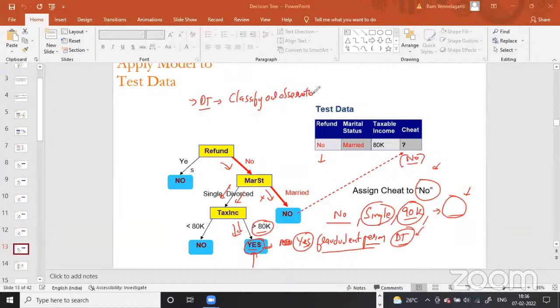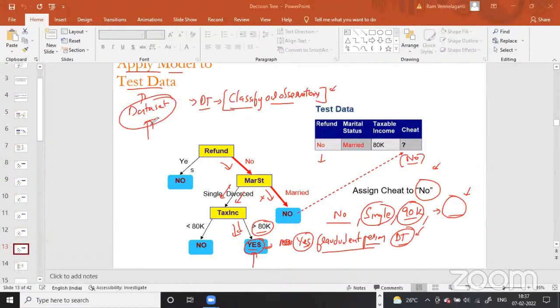This is how you can apply your model, whatever you have developed, to your testing data.